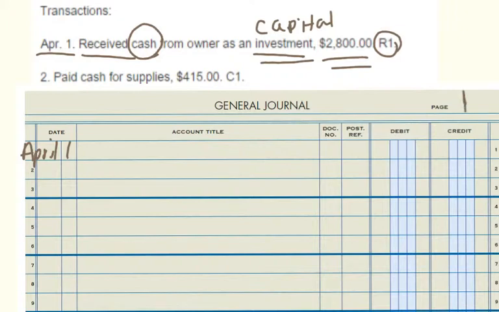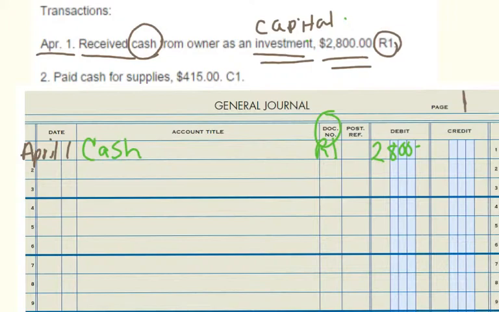And then you put in your debited amount and the account title. So we received in cash. Our document number is the next step, receipt number 1. For how much? $2,800. Perfect.